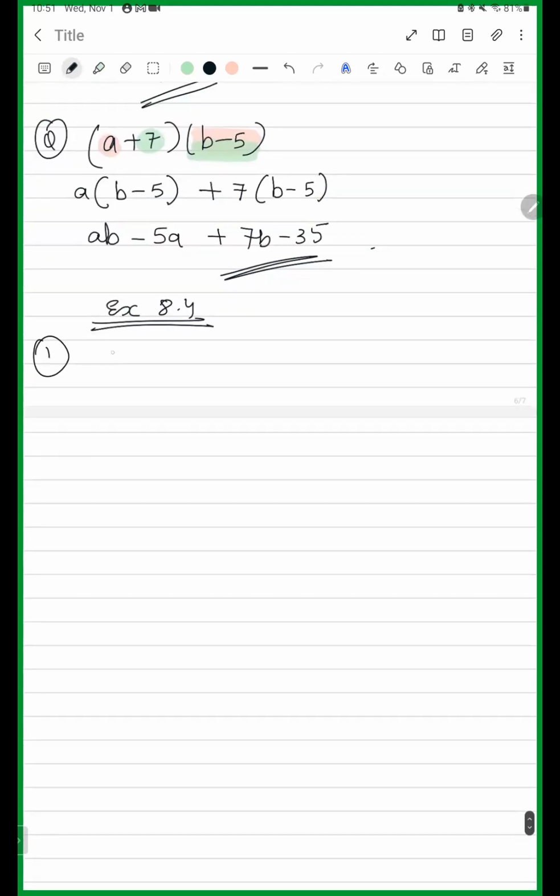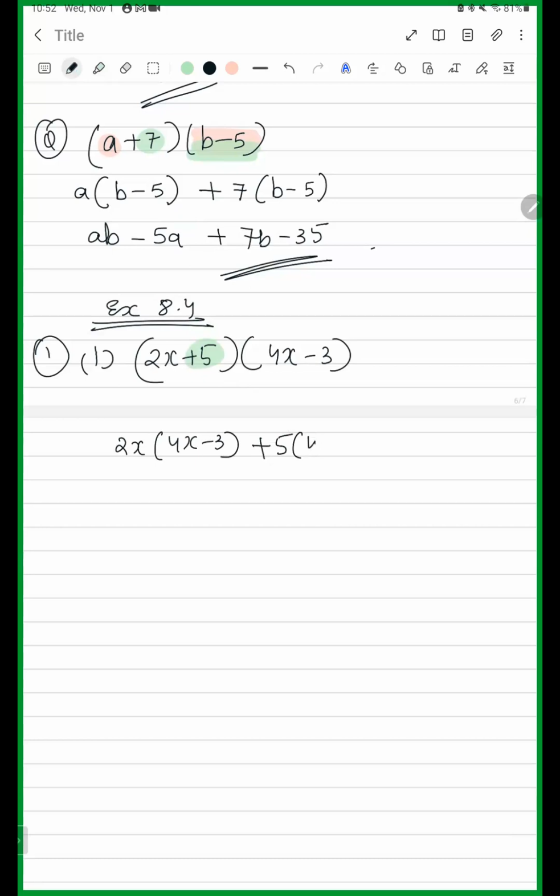First question. 2x plus 5 multiplied with 4x minus 3. 2x multiplied with 4x minus 3, then plus, because there is plus over here, plus 5x multiplied by 4x minus 3.